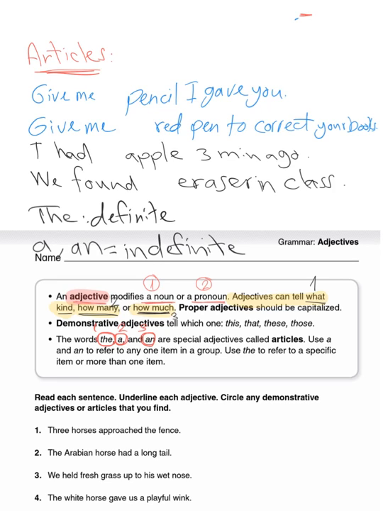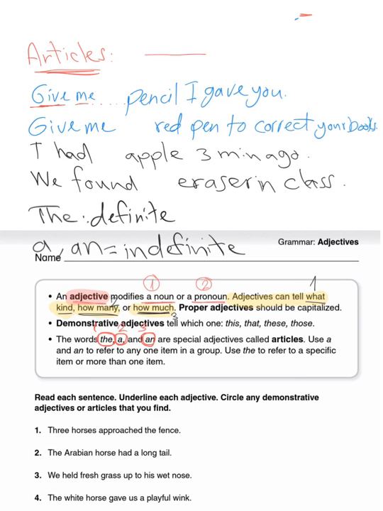Now, I gave one of my students a pencil and I told him, keep it with you till I ask you for it. Then I came to class and I said, give me dash pencil I gave you. Now for me, do I know the pencil that I want? You will say, yeah.